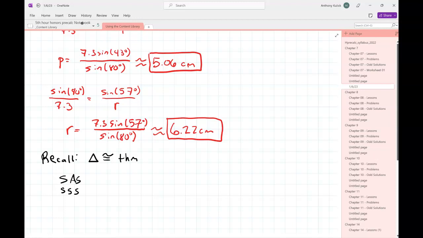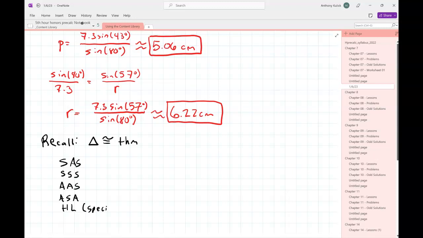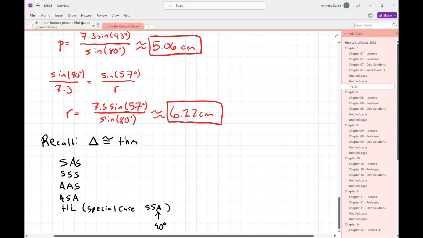Is there angle side side? Angle side angle is one. Angle angle angle is for similarity, not congruence, though. But that was a thing. Angle side angle. Mm-hmm. And then the fifth one is only two letters. It was that hypotenuse leg theorem, which is a special case of that SSA situation. And the special case being the A has to be 90 degrees.